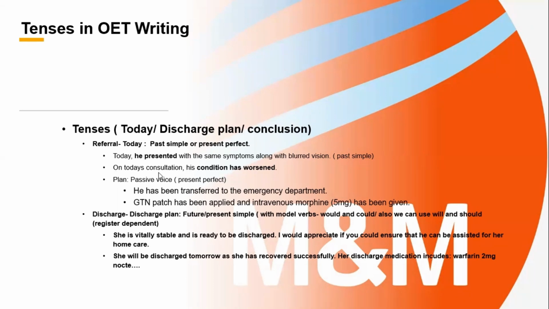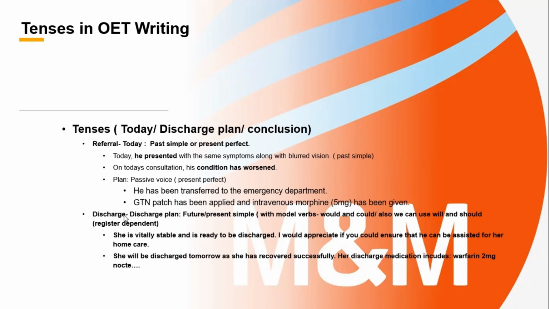For example, on today's consultation, his condition has worsened. We have used the present perfect tense. Even for the plan, we can use the passive voice form of the present perfect. He has been transferred to the emergency department. GTN patch has been applied, has been given, like that.